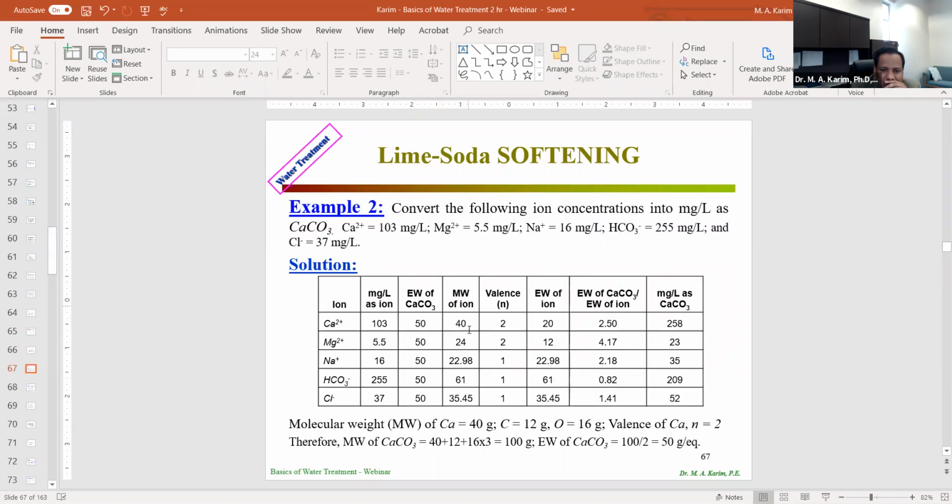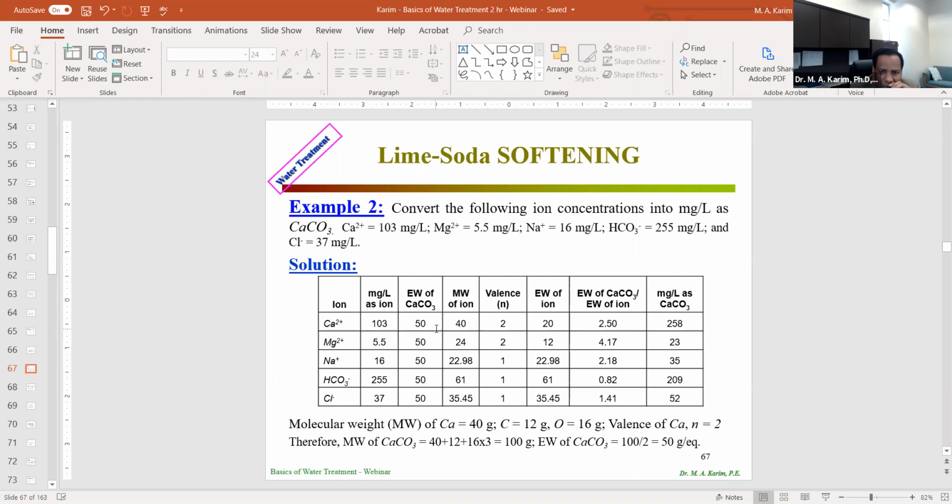And the molecular weight of the ion: calcium is 40, as we said, magnesium is 24, sodium is 23, I mean 22.98, bicarbonate is, hydrogen is 1, carbon is 12, this is 13, 13 plus this one would be 48, so that would be 61, chlorine is 35.45. The balancing or N value, I put it together, this is 2 plus 2 plus 2, this 1 plus 1 plus 1. So it will be very simple.